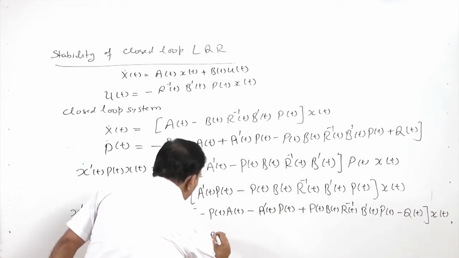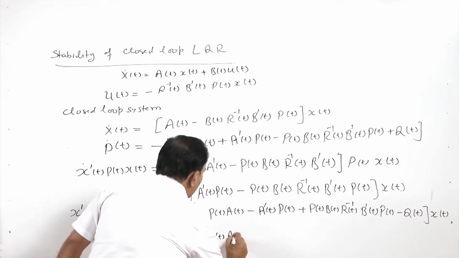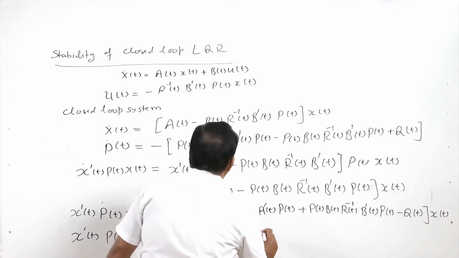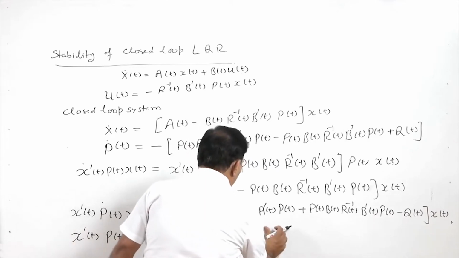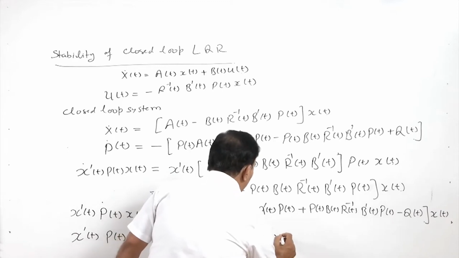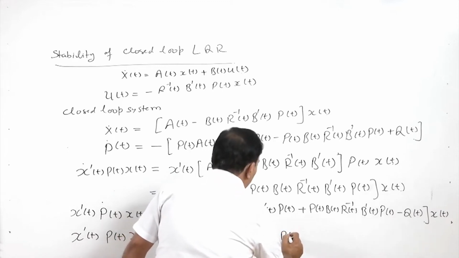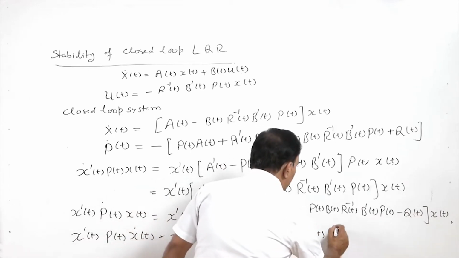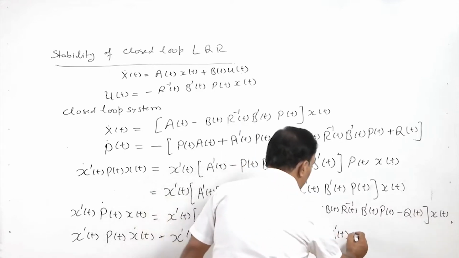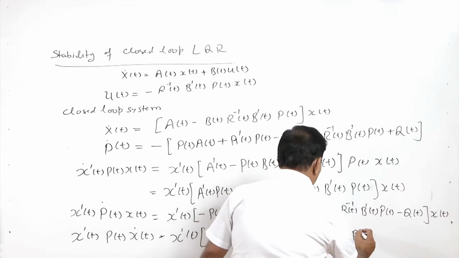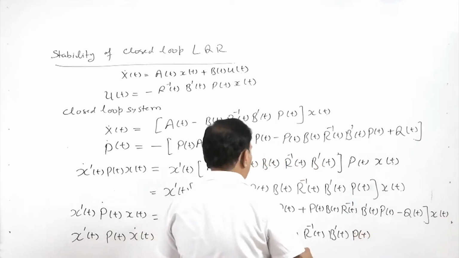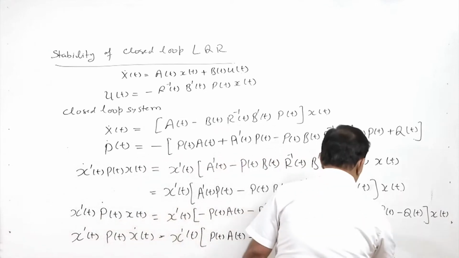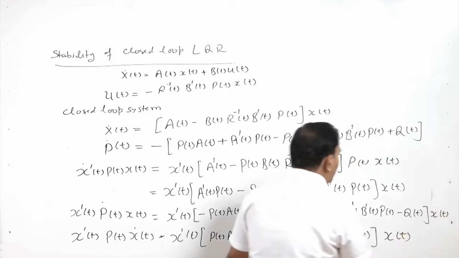So, this is Pt At minus P B R inverse B transpose P, I am multiplying into this and xt.